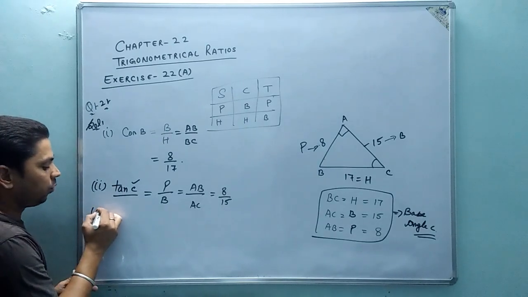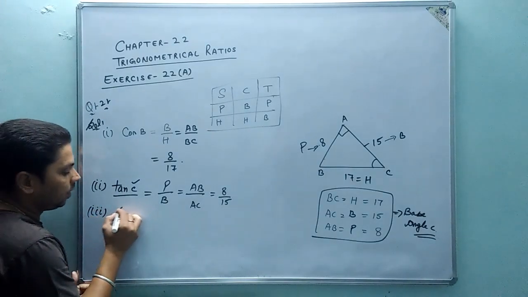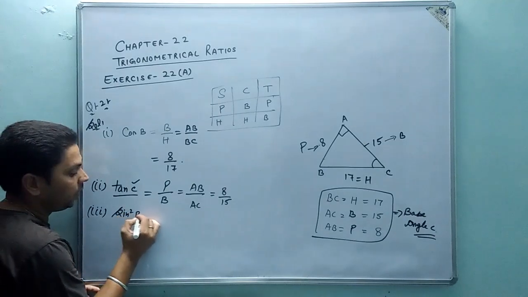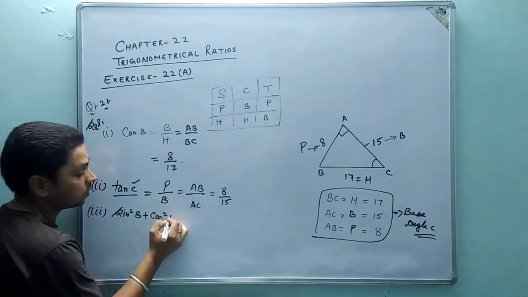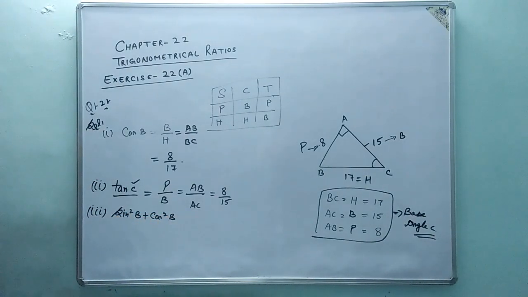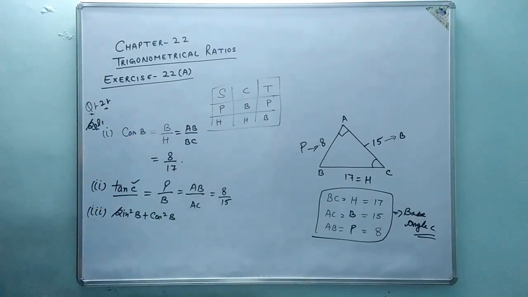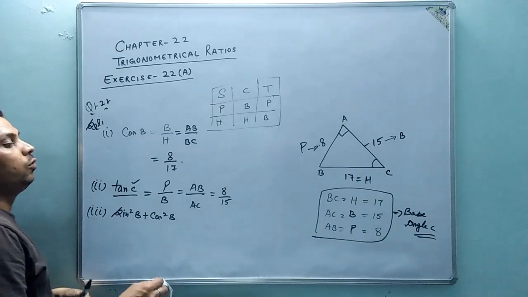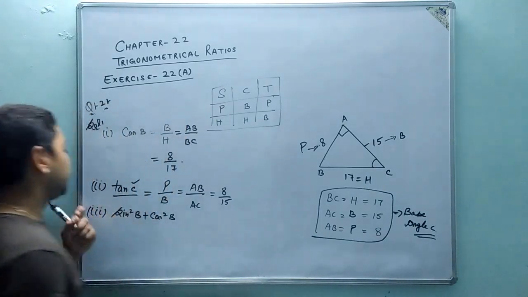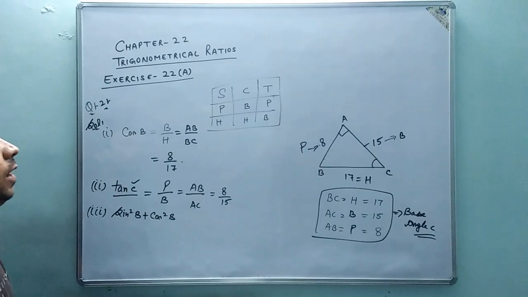Third part, we have to calculate sine square B plus cos square B. We have the value of cos of B and we have to find the value of sine of B. How will we find the value of sine of B?